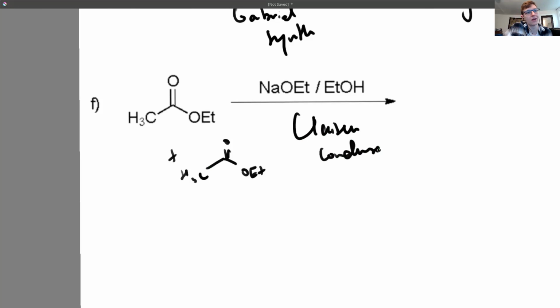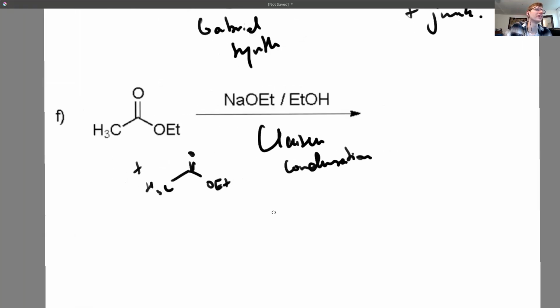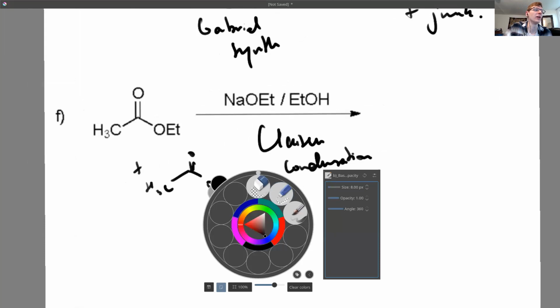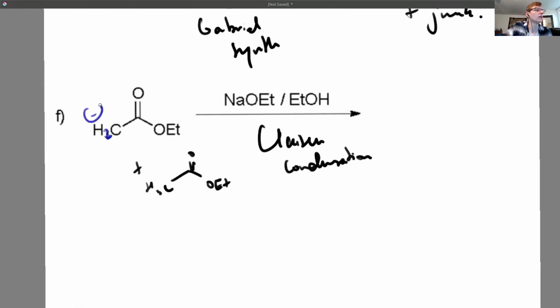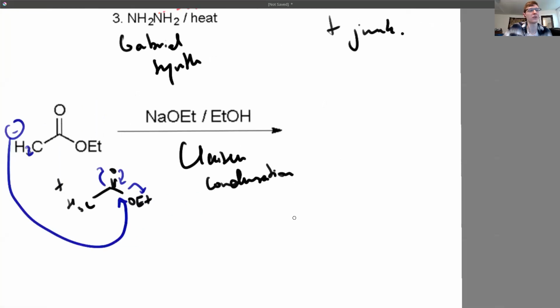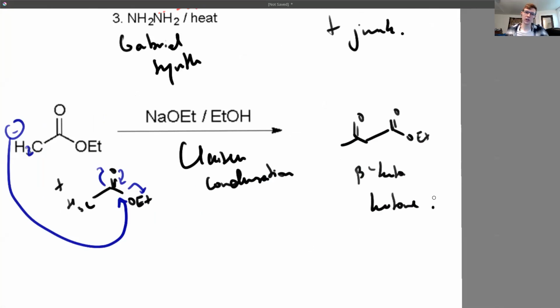Not that the name really means anything, but we would make a minus charge here, throw this on, and kick off that O-ethyl group. And at the end of the day, we are left with an O-ethyl and a beta keto ketone, which is what we get out of the Claisen condensation.